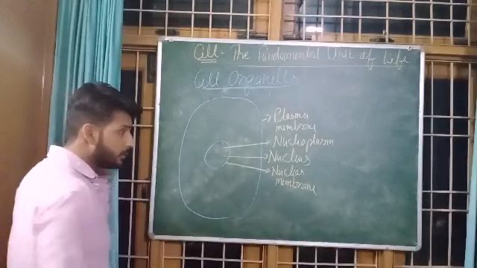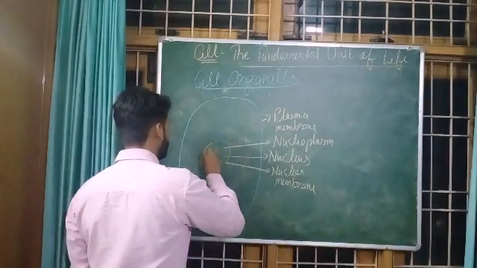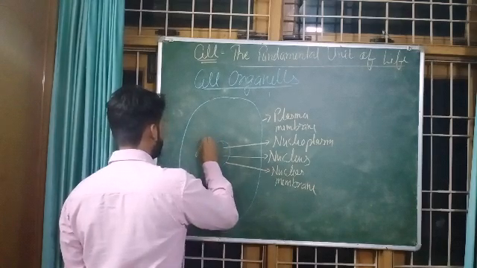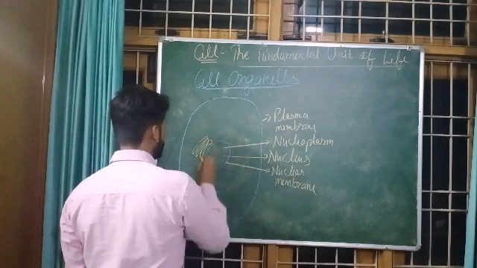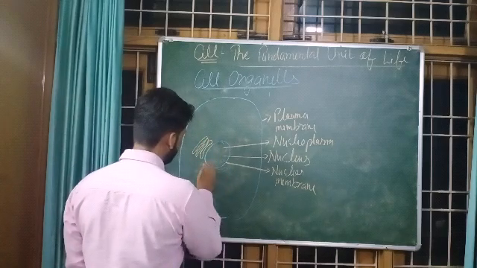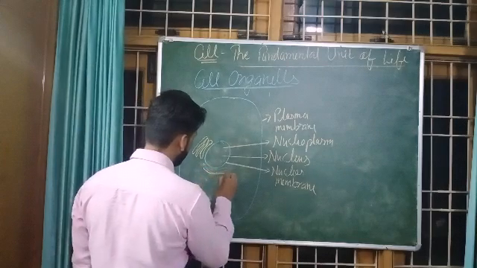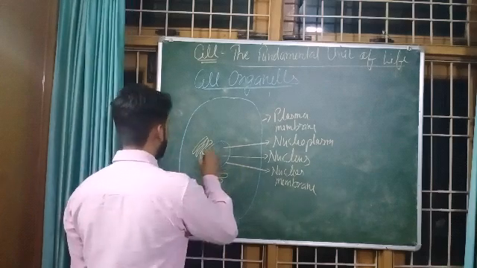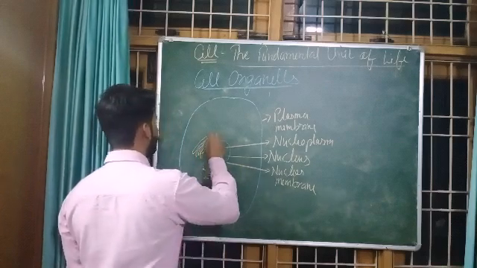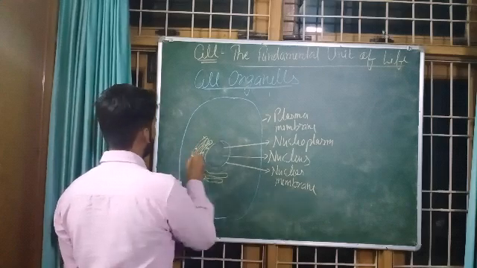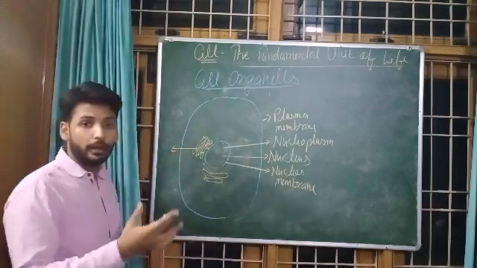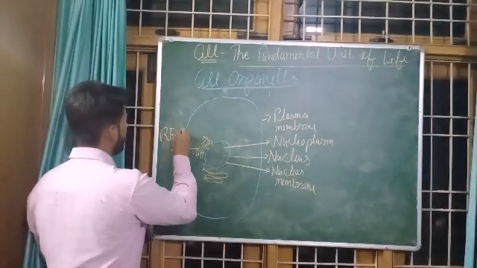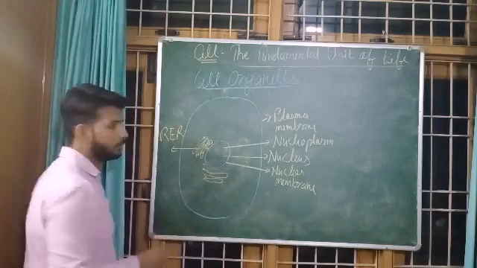What are those organelles? First of all, there is a tubular channel-like structure which is present near the nucleus. These are of two types. One is rough endoplasmic reticulum, and we are going to write the short form RER.